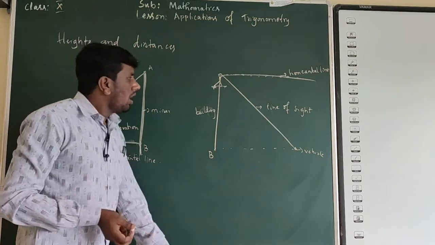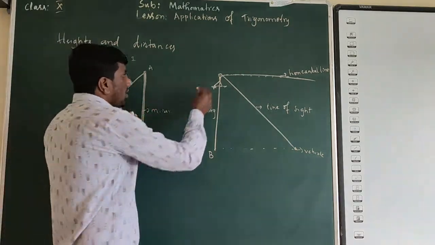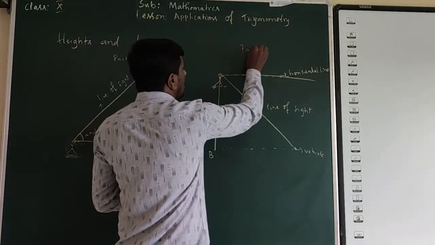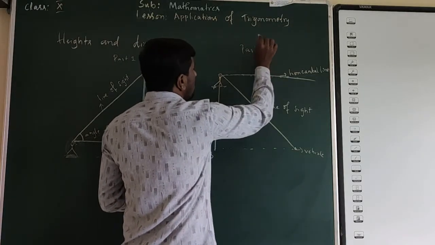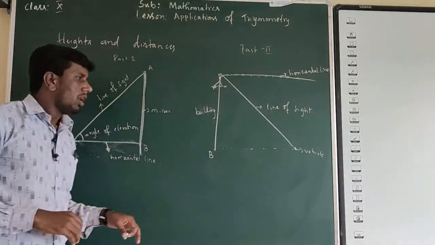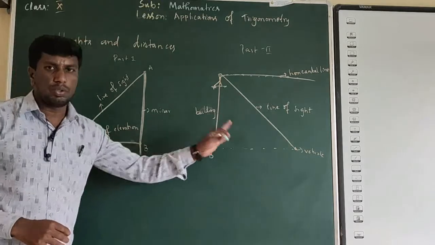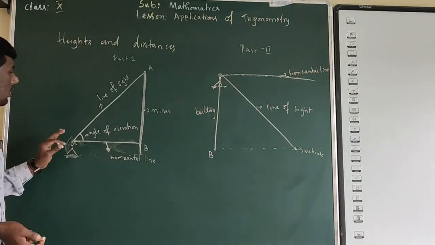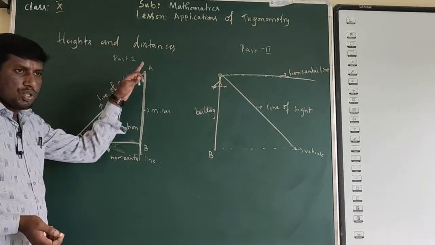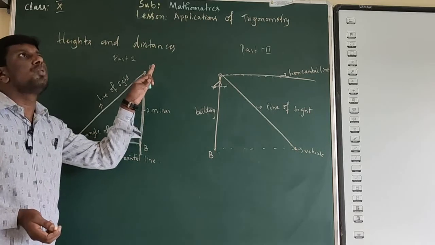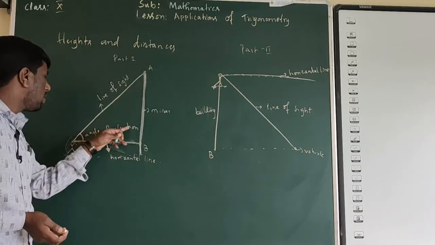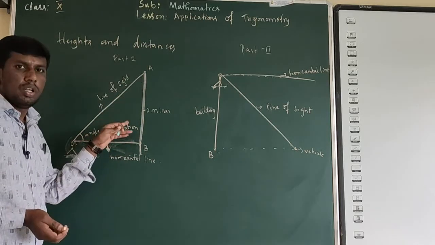So now again, this is part 1, this is part 2. You don't have part 1 and part 2, I have just divided it to help you understand. Okay, so this is the angle of elevation. When we raise our heads to see the object like this, there is the concept of angle of elevation.